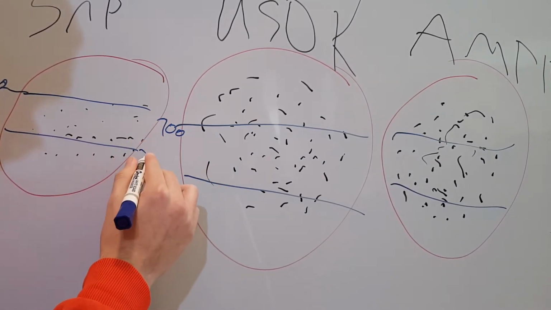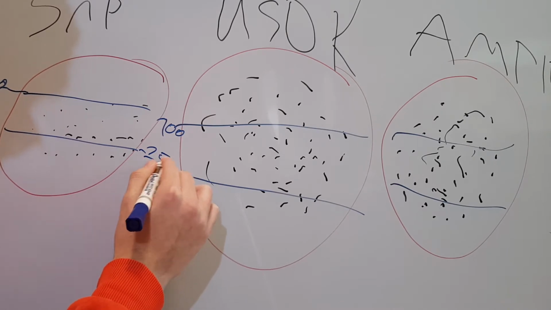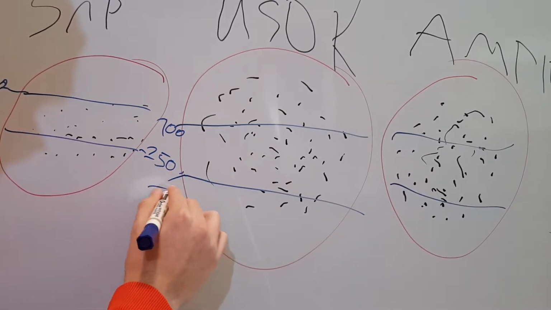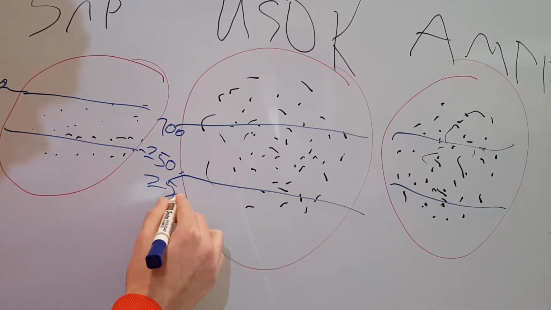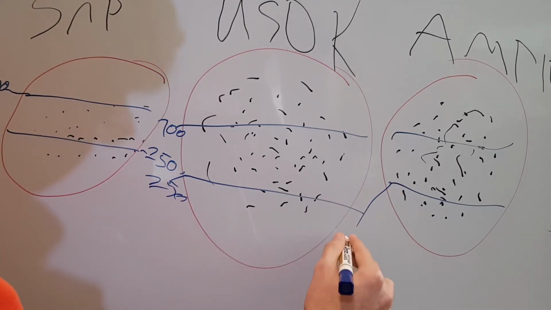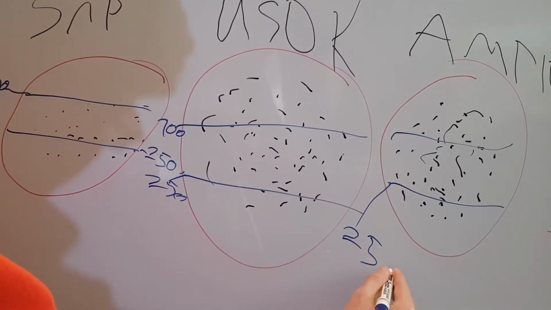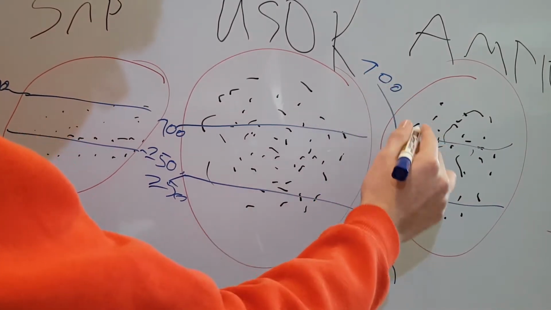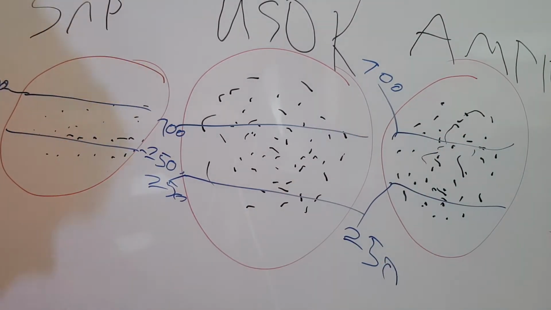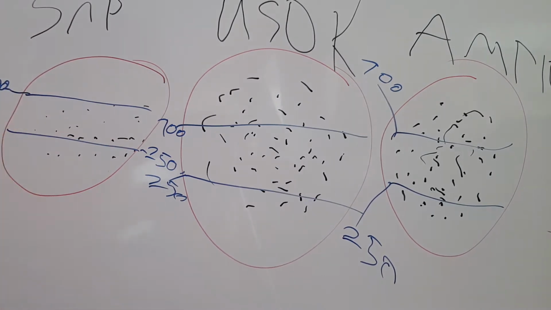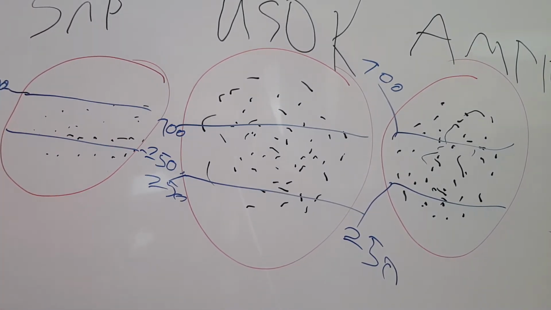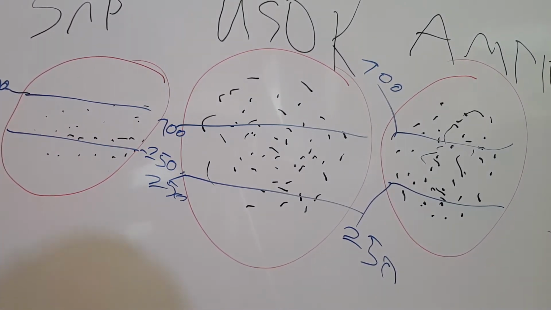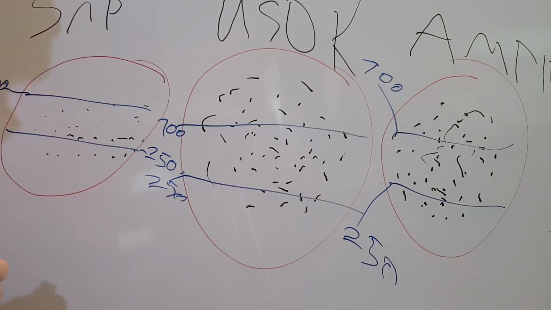Let's say this one is the 250 line. Okay, so you got it. A little bit confusing, but you kind of got it. I'm sorry if you cannot see the full board, but it's the same in all of them.